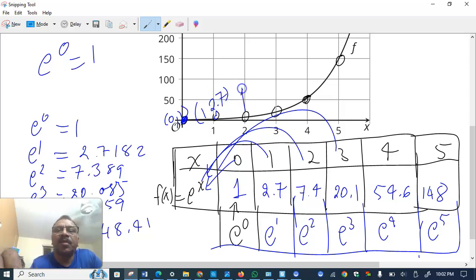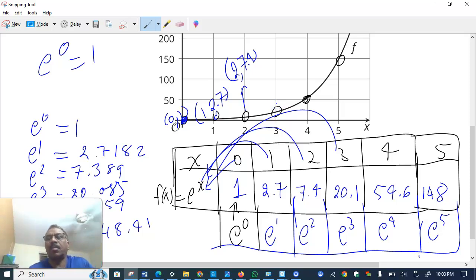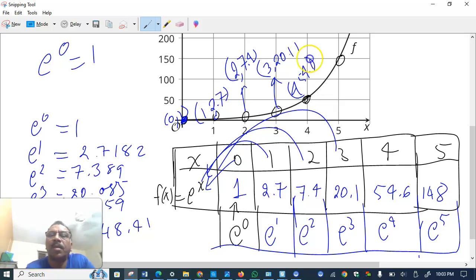So 2 is 7.4, and the next one, 3 is 20.1, then 4 is 54.6, and 5 is 148. So that's what this means.